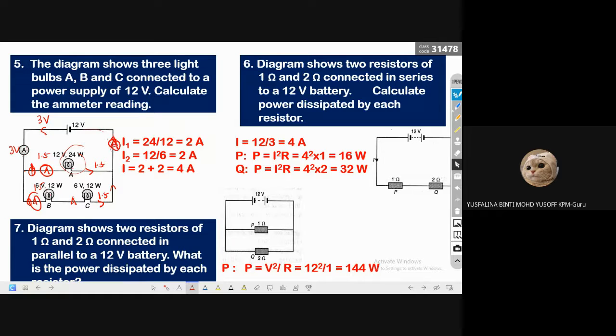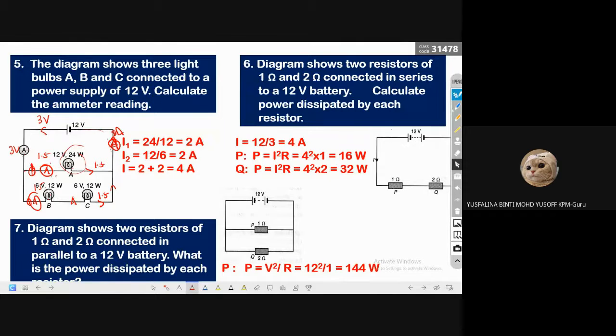So if they ask what the reading there is, it will become 3 ampere, because they are joining back. I said use the same bulb, so 1.5, this one also 1.5. You can just divide, but different bulbs cannot. You have to calculate one by one.